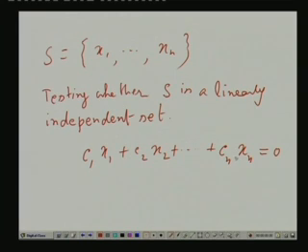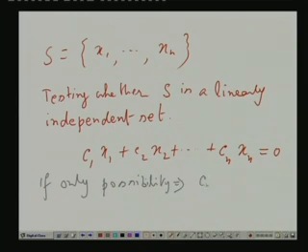Suppose, I first make a claim and then I just verify it. Suppose the only possibility is C1 equal to C2 equal to dot dot dot equal to Cn equal to 0, then S is linearly independent.